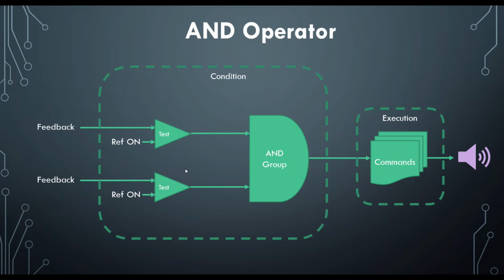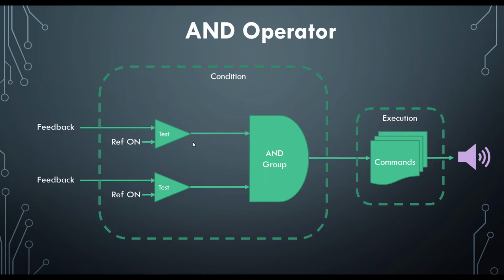As soon as the action is made active, the tests will be continuously running and comparing the input signal from the condition element to its associated reference state. Now, you may have noticed that I've changed the look of this test compared to the OR action that we saw in a previous tutorial.